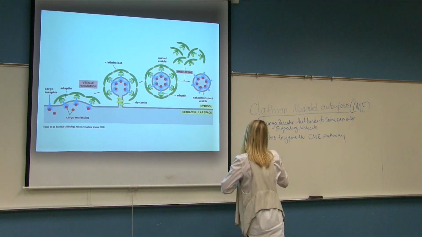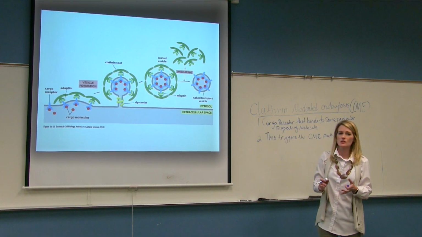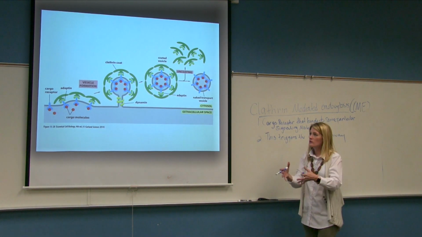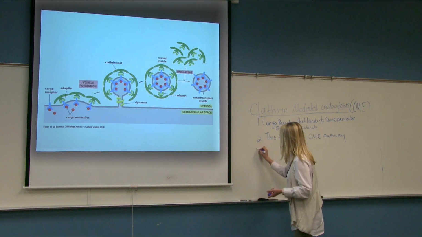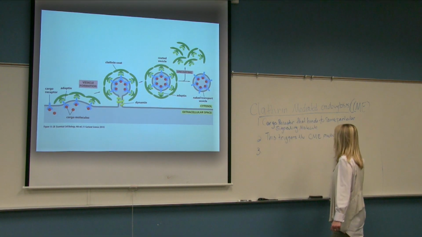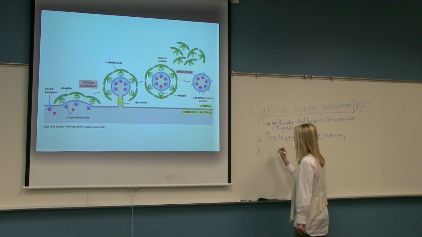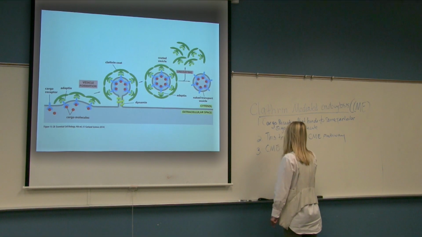And once we have pulled in, this process is called invagination. Once we pull this in, we have to pinch it off of the membrane. So this triggers the clathrin-mediated pathway. CME will continue.